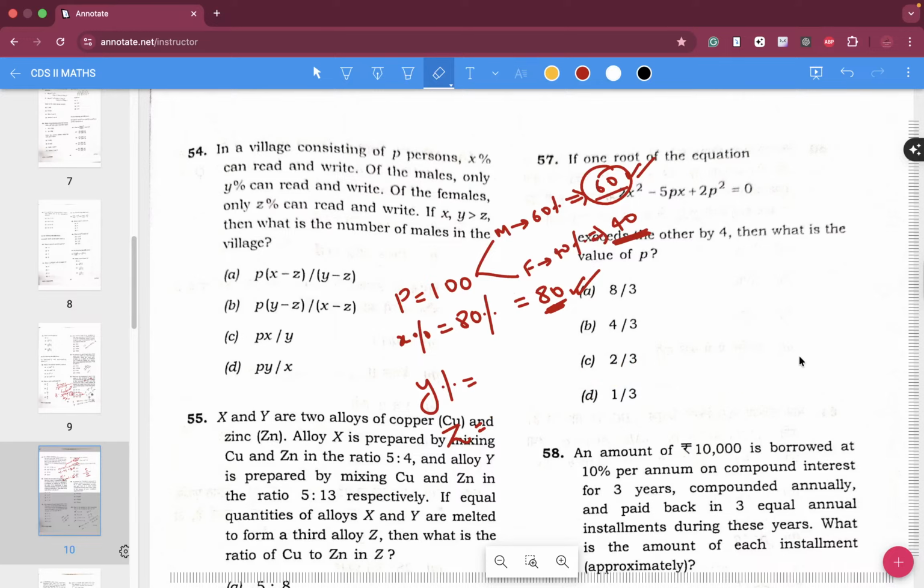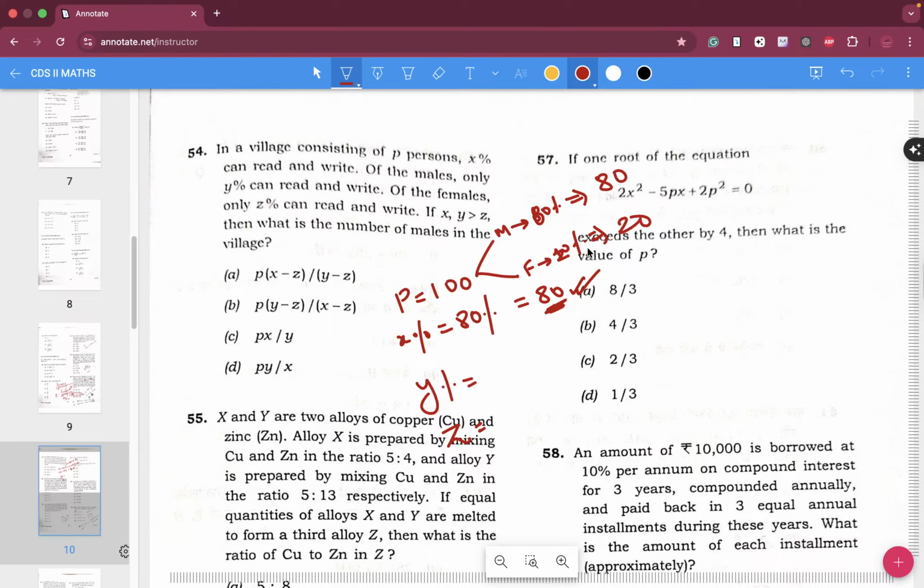I will change this number as well, and maybe I can change this number too. Let's say there are 80 males and 20 females, so 80% males and 20% females.